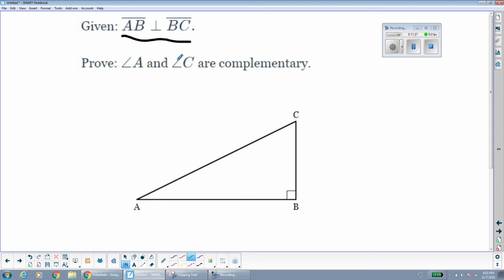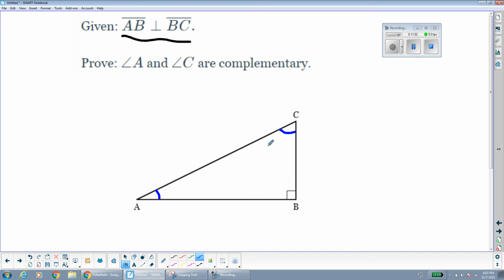From knowing that we have a right angle in this triangle, I know that we have a right triangle, which is a 90-degree angle. And since all the angles in a triangle add up to 180, I know that whatever this angle is, plus whatever this angle is, must add up to 90 degrees to make the 180 with this one.